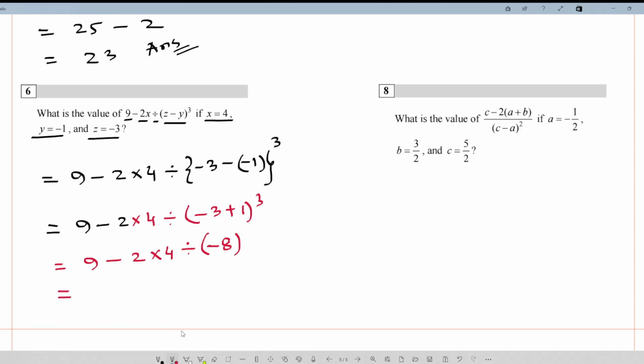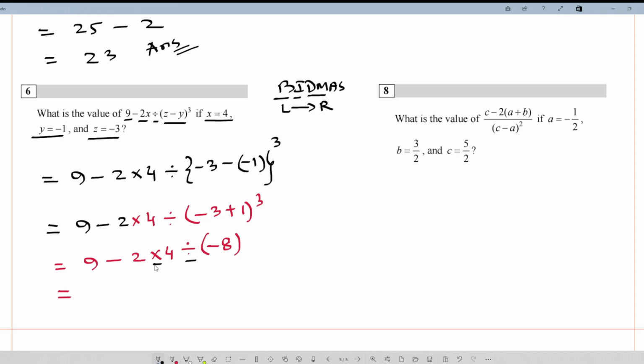Now here is multiply and here is division. What will we do first? As per BIDMAS, we know first bracket work, then indice, then division and multiplication we will do from left to right.